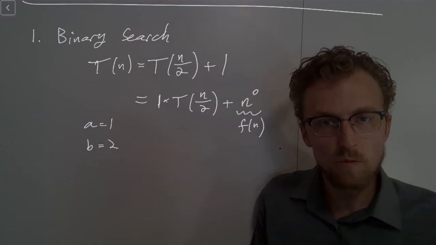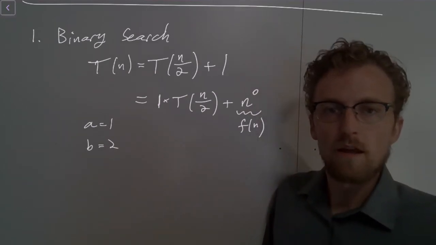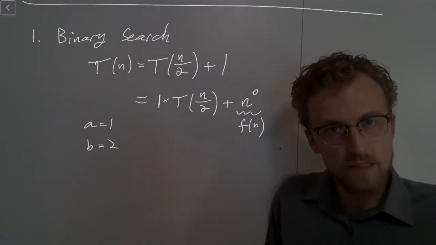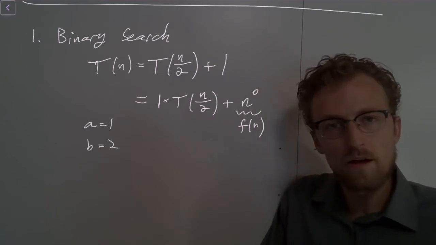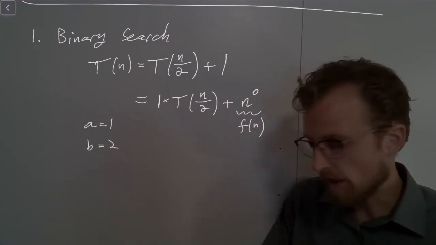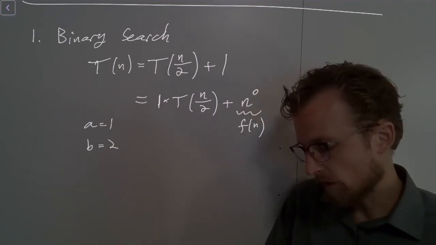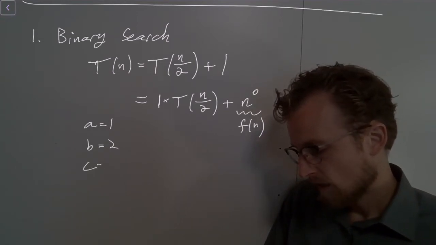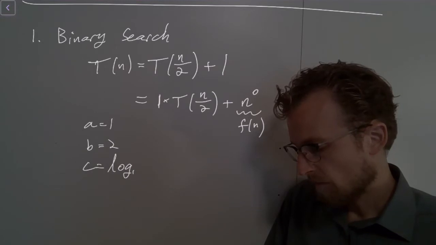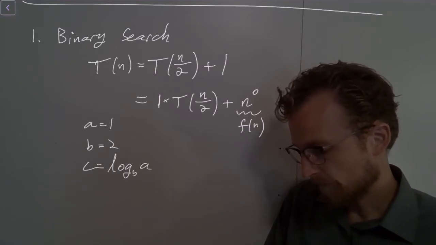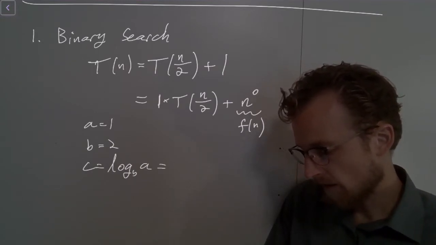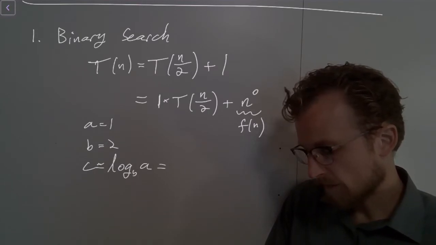And so how does this work? Well, there's a couple ways of thinking about it. The way that it's presented in the theorem that I presented in this series of lectures, in lecture 9, is I say, let me think about the critical exponent. So what is my c? Well, my c is log base b of a. So what is that?